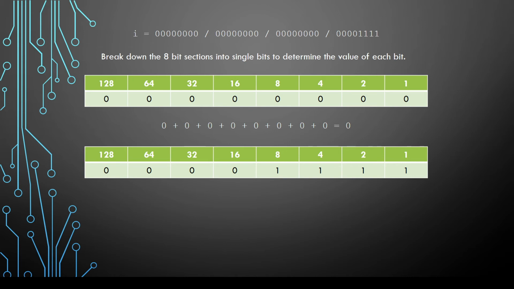You have zeros in the first 4, and then these are all 1s. Well, what does this mean? This means 8 plus 4 plus 2 plus 1 equals 15, and that's why i equals 15. That's how that 15 is seen by the computer.